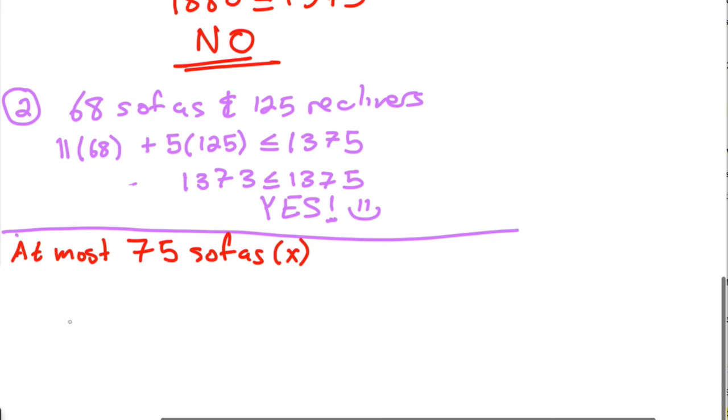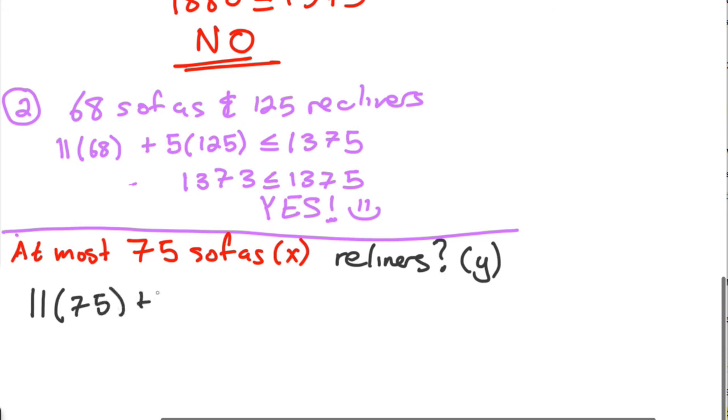To do that, notice that the question is how many recliners, right? So Y in this case is the unknown. So if I write out the equation, I have 11 times 75 plus 5y, because y is the unknown.